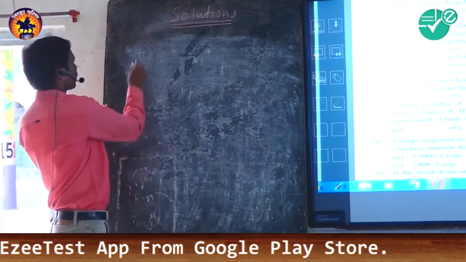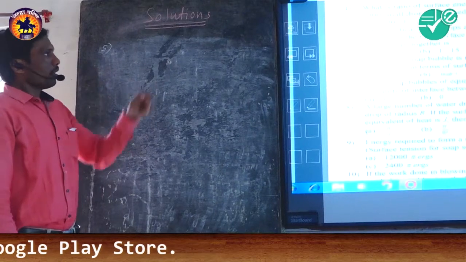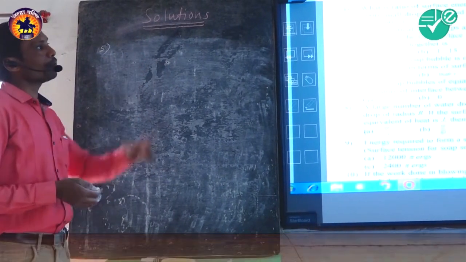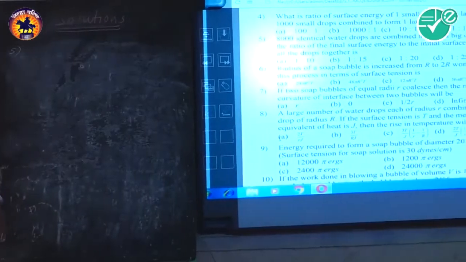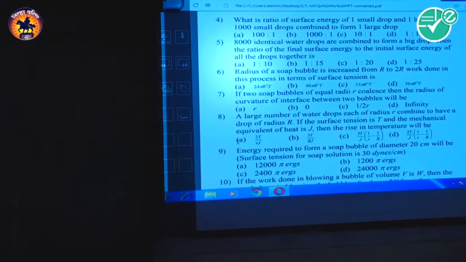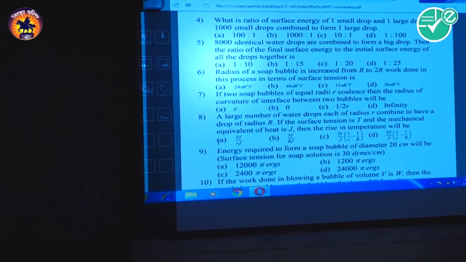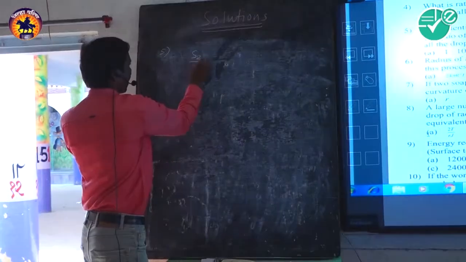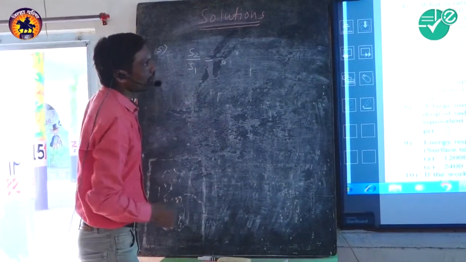Then we shall take the fifth MCQ. 8000 identical water drops are combined to form a big drop. Then the ratio of the final surface energy to the initial surface energy of all drops together is... The final surface energy we consider S2, and the initial surface energy S1.